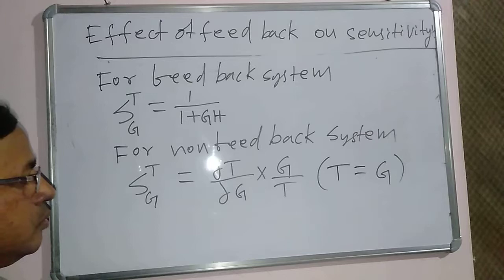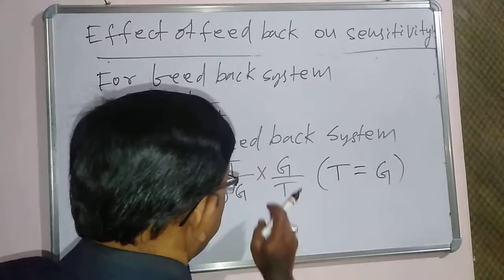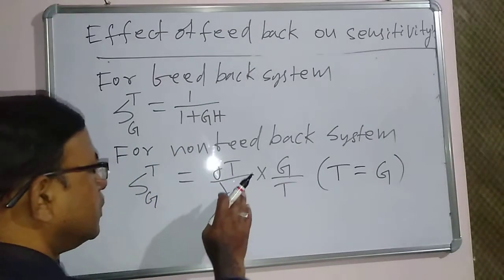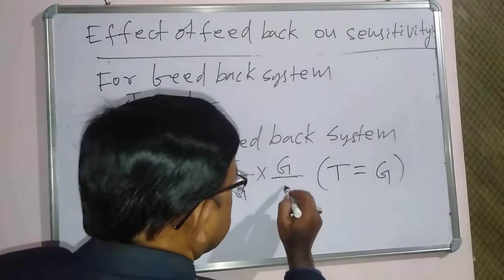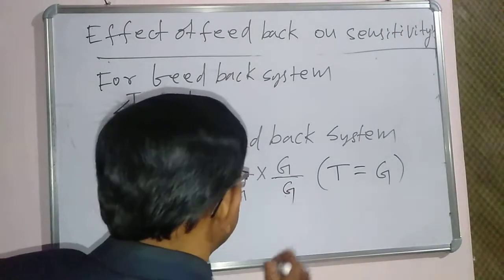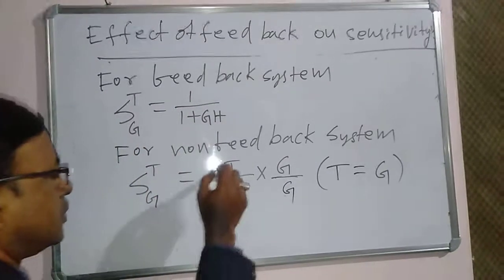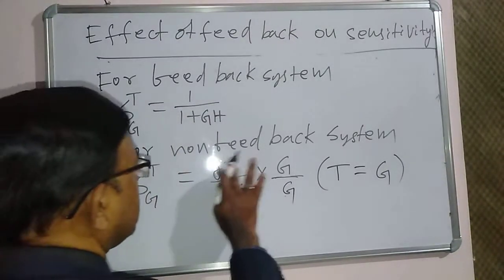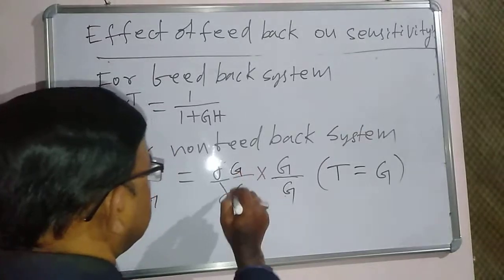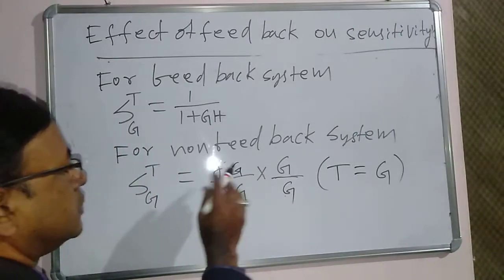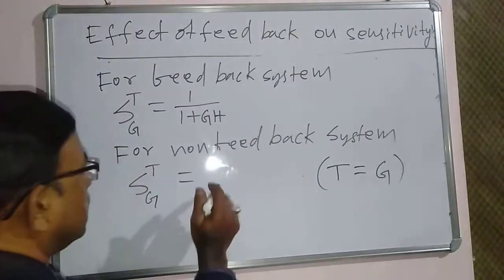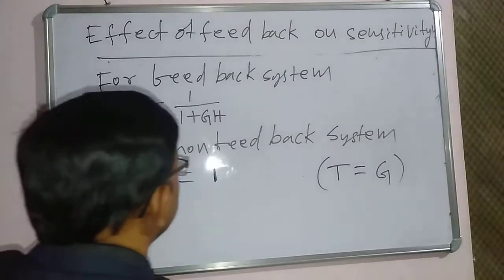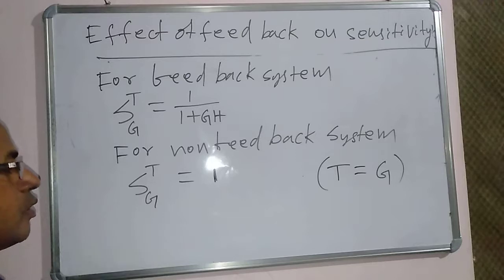Therefore, in place of T, we can place G. So ∂G/∂G is equal to 1. Therefore, the sensitivity is equal to 1 for a non-feedback system.